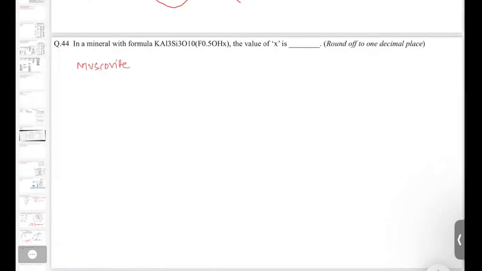Okay, so if you see the general formula of mica, it is X, Y, 2 to 3. The value can be from 2 to 3. Then Z4, O10, then (OH, F) whole 2. So it means that this OH and F will contribute 2 moles.